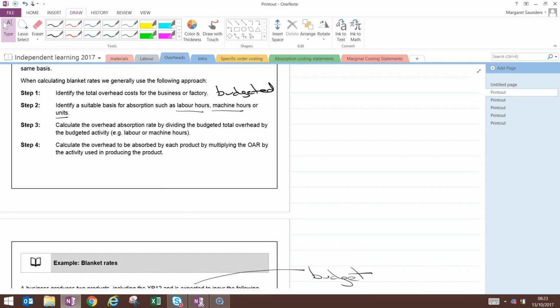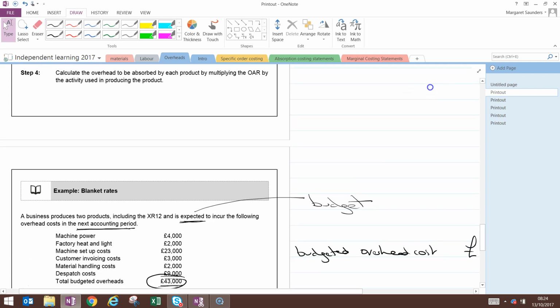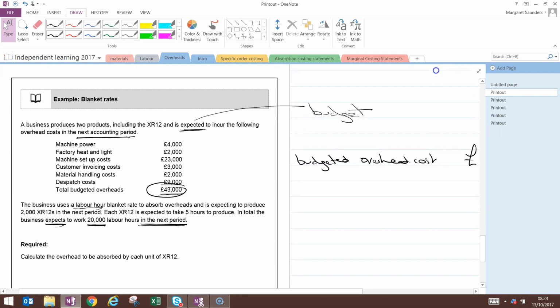Step 2, a suitable basis for absorption, such as labour hours, machine hours or units. So we have been told that the business use a labour hour blanket rate. So we are going to divide our overhead by our labour hours.